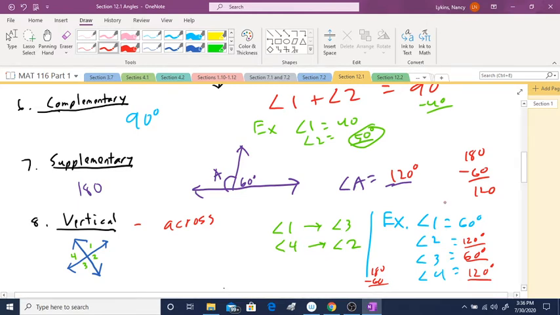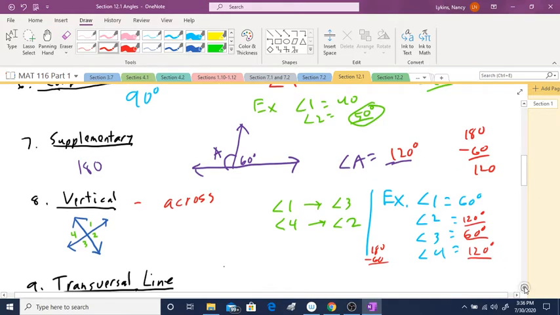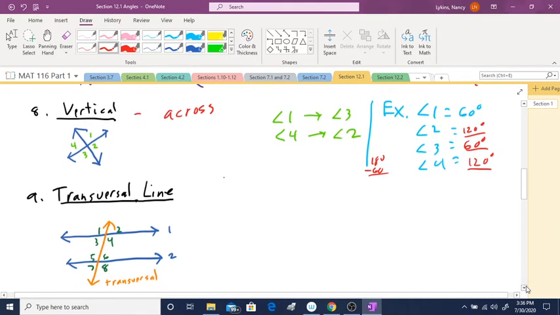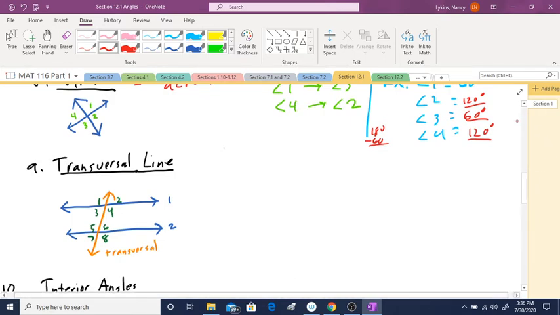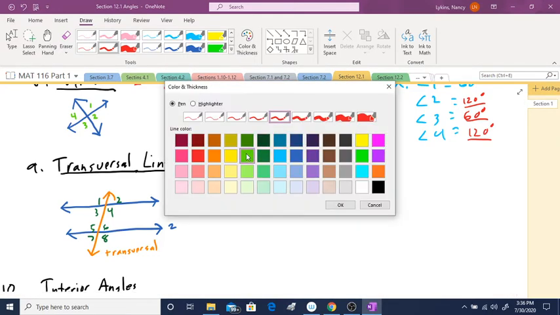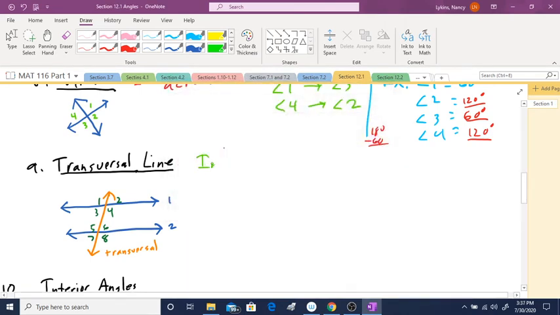Now, the next is transversal lines. A transversal line cuts through 1 and 2. So it intersects two or more parallel lines.